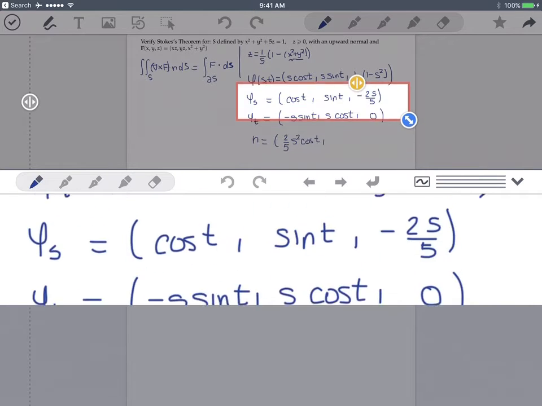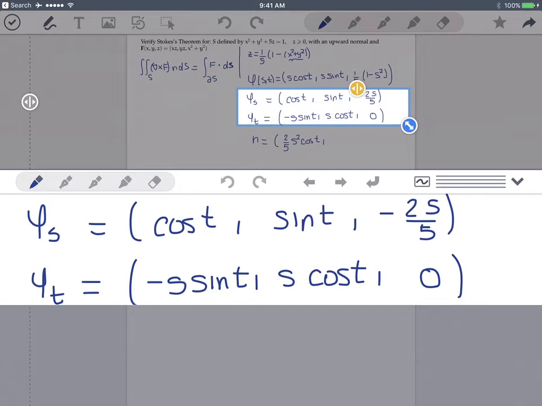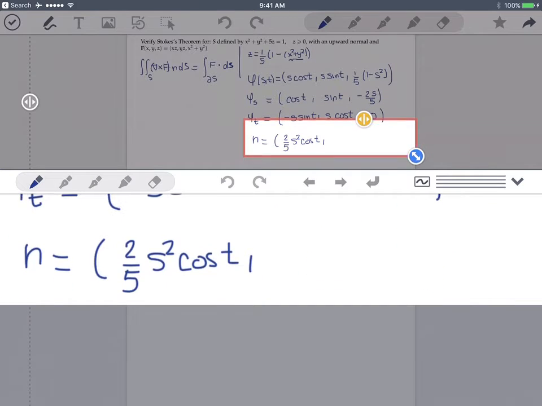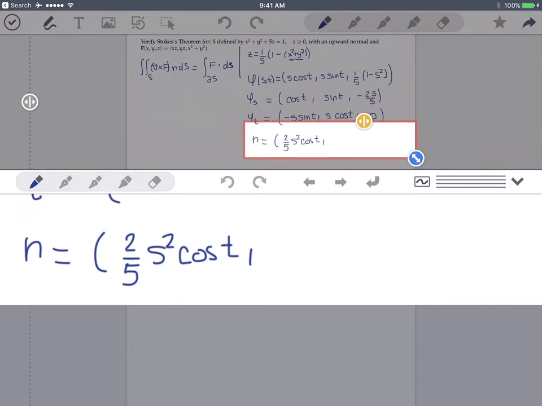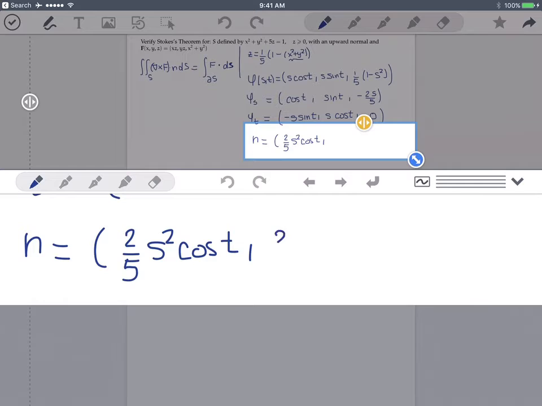I get a positive: this times that. I have two negatives, so negative times negative gives positive. So I get 2 fifths, again, s squared, and now a sine t.